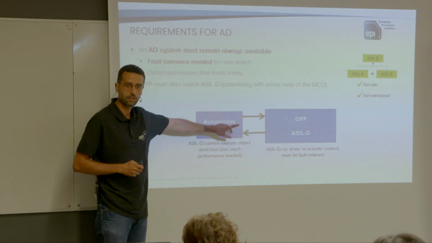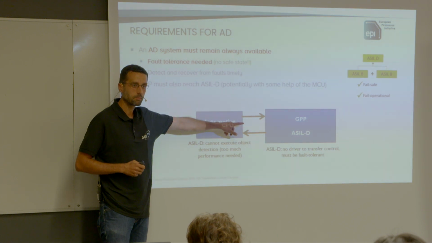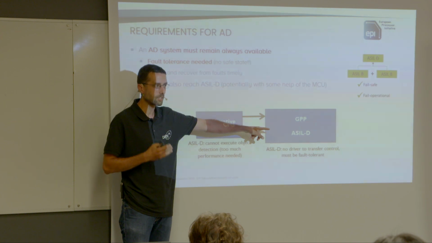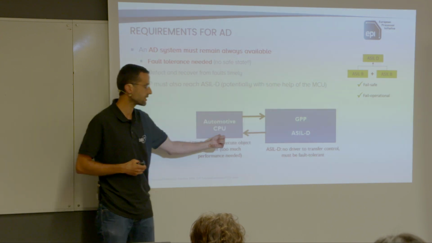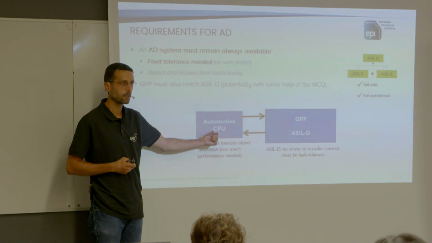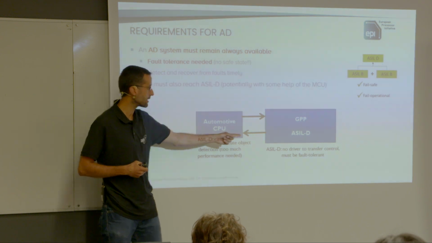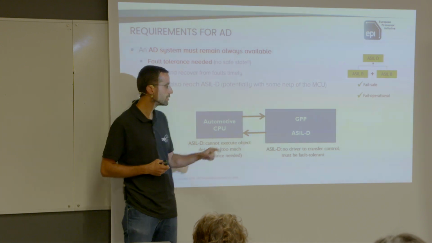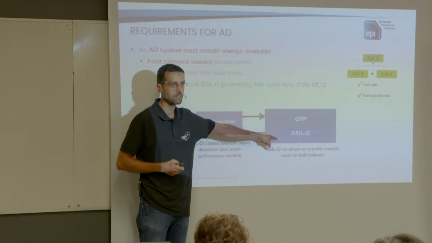The microcontroller may detect whether it fails, but if it fails, no one is able to detect the objects and keep driving, because the microcontroller doesn't have enough performance. So basically, if the EPI processor fails, we may have an accident. And this means that it has safety requirements.